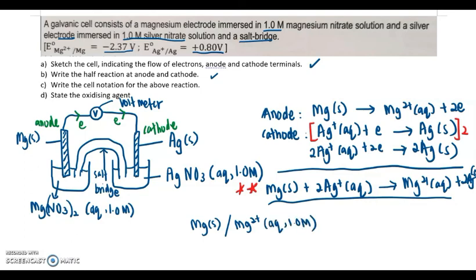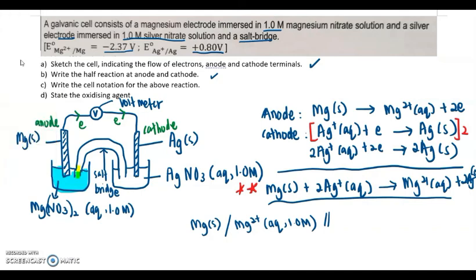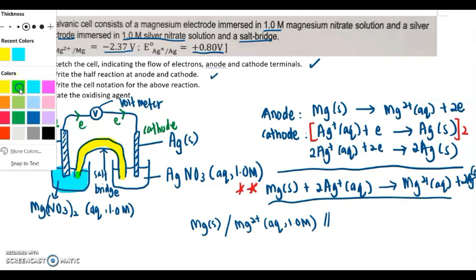Don't forget to write the concentration. Double slash means salt bridge. Nampak magnesium, ini magnesium solid, immerse dalam magnesium 2 plus, iaitu yang ni. Dan dihubungkan oleh salt bridge, iaitu yang ni. So, salt bridge akan mengalirkan charge. Dan connected dengan apa?